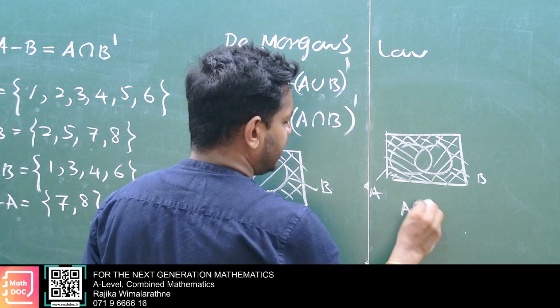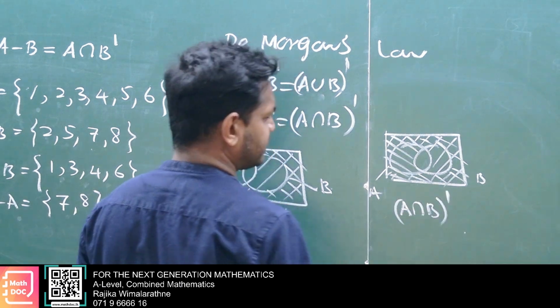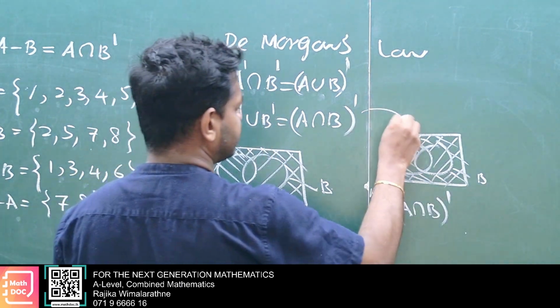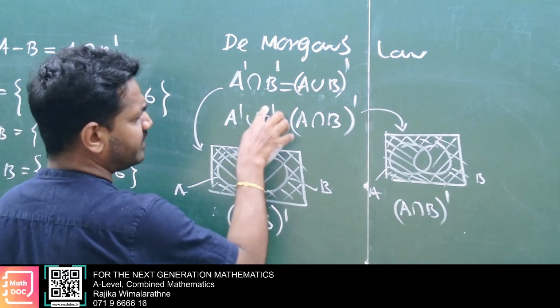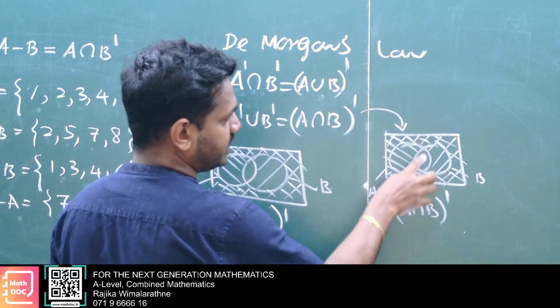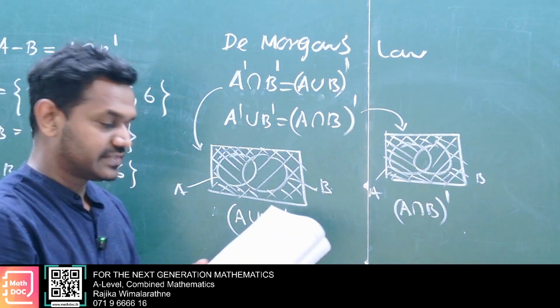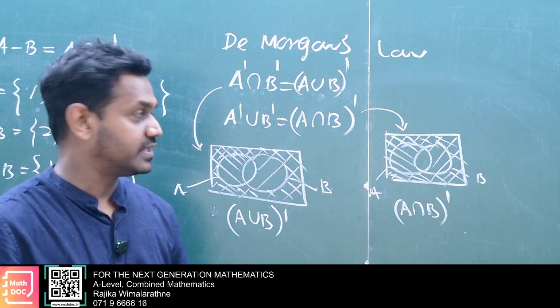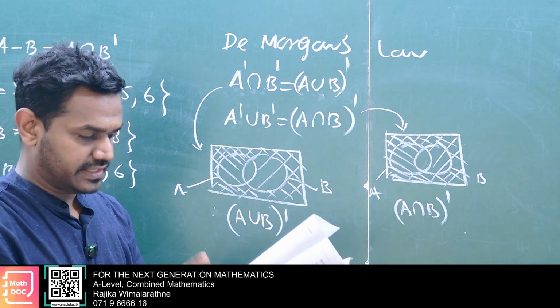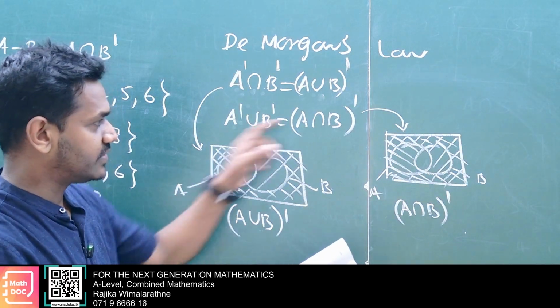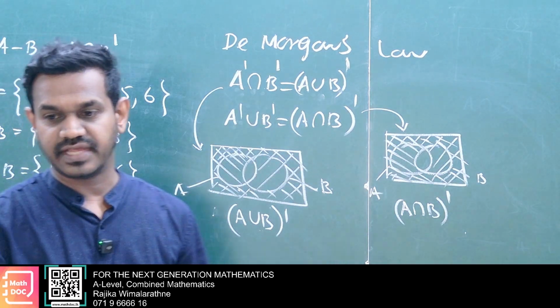Then A intersection B dash. Here see A dash union B dash, A intersection B, here A intersection B is dash. Okay, that is called De Morgan's law. On that side, you better represent that on a Venn diagram.